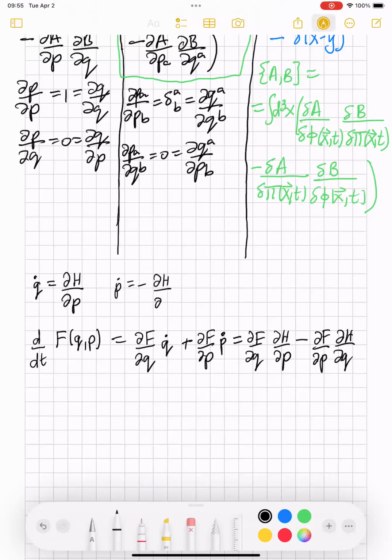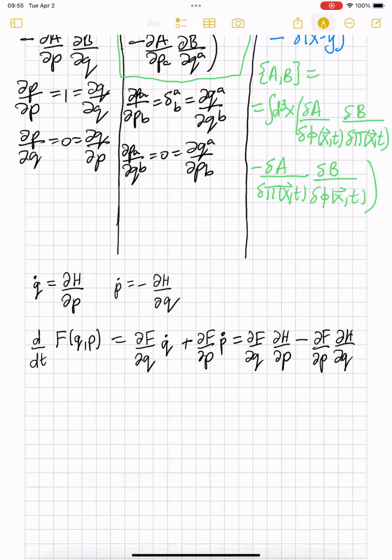So, good, dq. But in this last expression you recognize we've got nothing but the Poisson bracket of f with H. So we would use the Poisson bracket to discuss the dynamics of the theory. So for a single particle, df/dt would be the Poisson bracket of f with H.